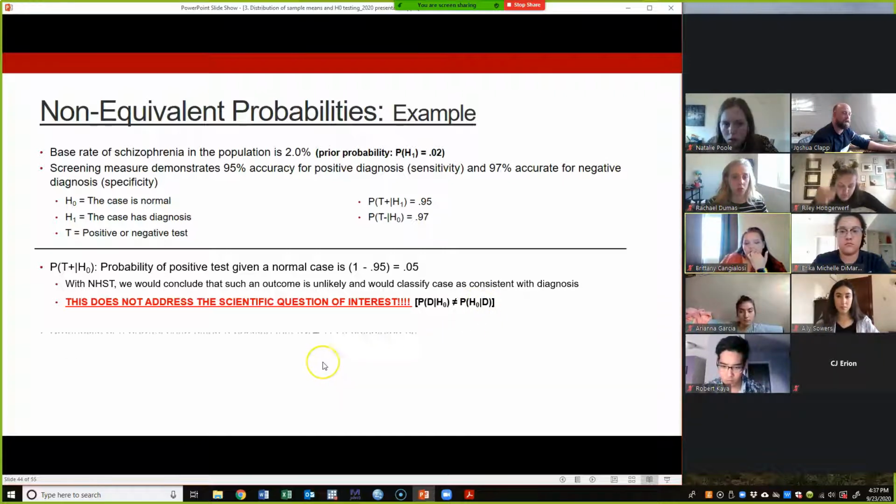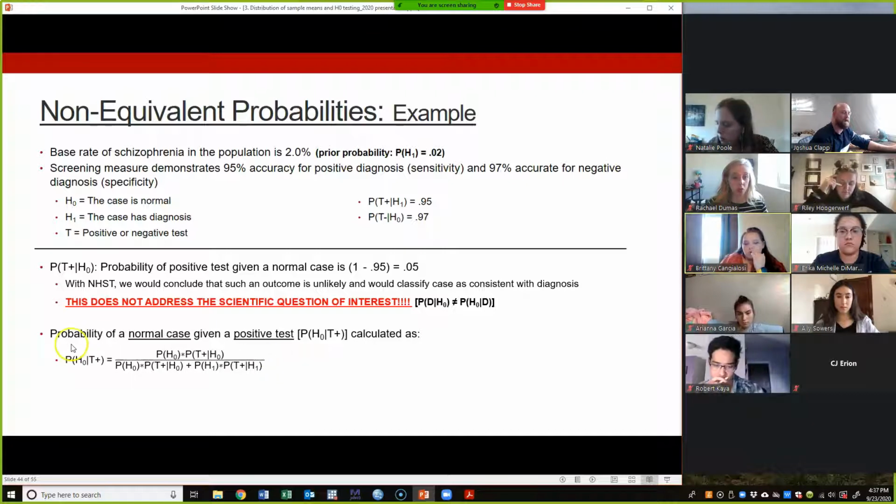Okay, and if we actually start to work this out, if we look at the actual probability of a normal case given a positive test, so what's the probability of a normal case given a positive test on my screener?